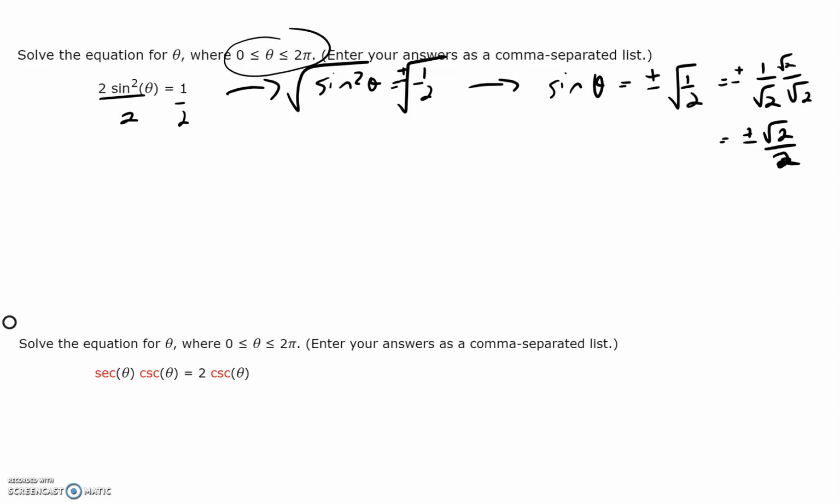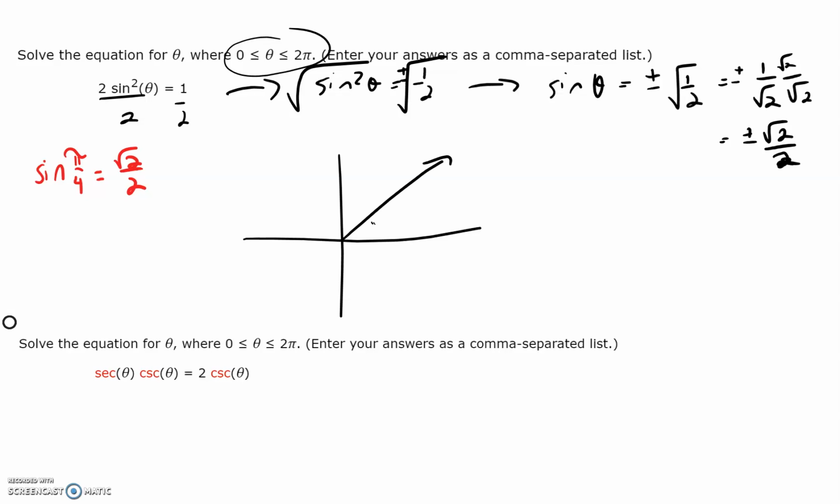So now you need to figure out where that happens between 0 and 2 pi. This is how I usually explain this in a pre-calculus class. I go to quadrant 1. There's one answer, pi over 4, because I know the sine of pi over 4 is root 2 over 2. But I have to get all the places that happens between 0 and 2 pi.